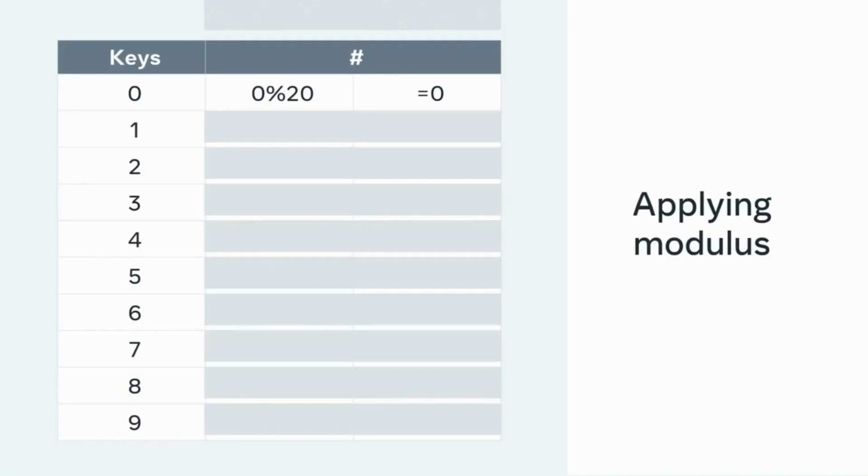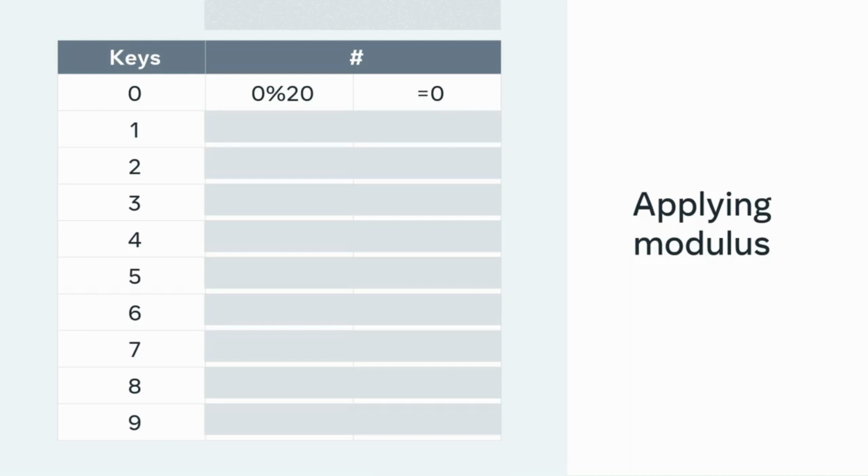Consider a scenario where you have an array of 10 keys which are numbers 0 to 9. You elect to employ a hashing function to decide where in memory to store these numbers. You opt for a simplistic approach of applying the modulus of 20 to the numbers. So, for each key from 0 to 9, you apply your hashing function.